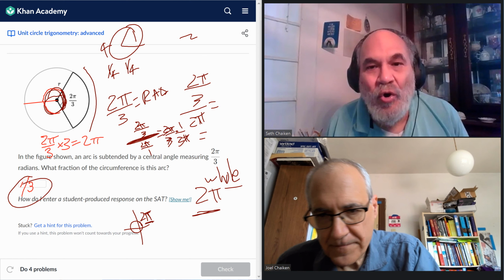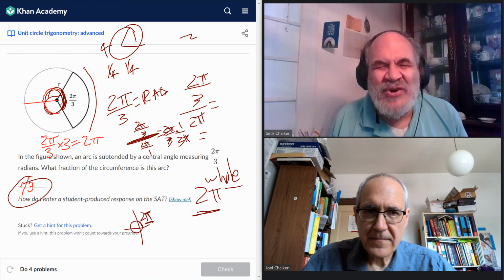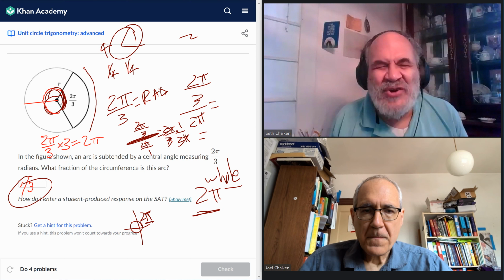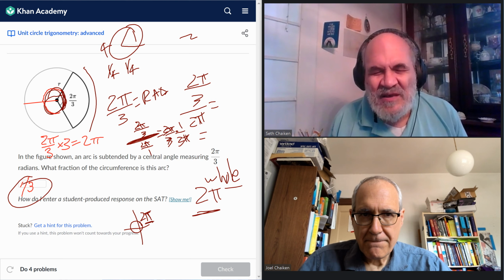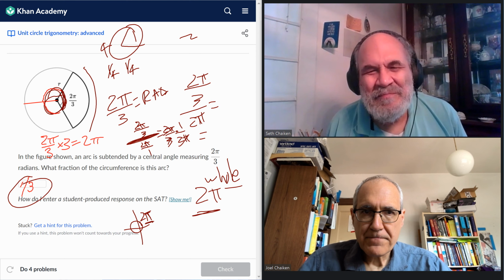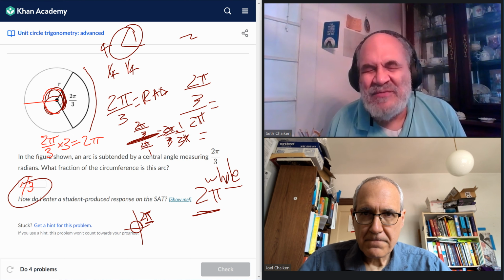Now, in a circle, the length of the circumference subtended by an angle is proportional to the amount of angle. The amount of angle times 2 pi equals the amount of circumference.